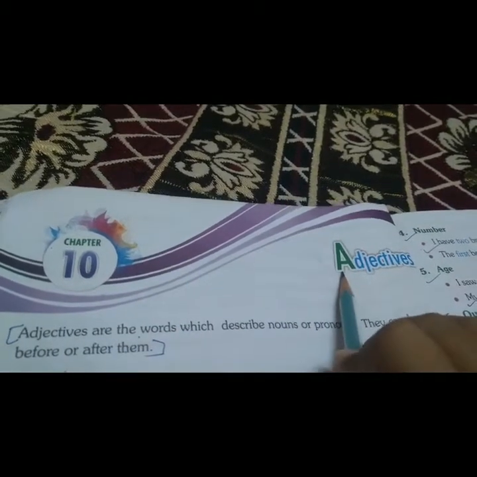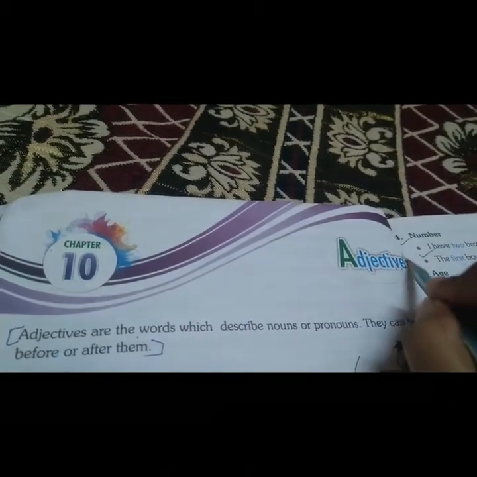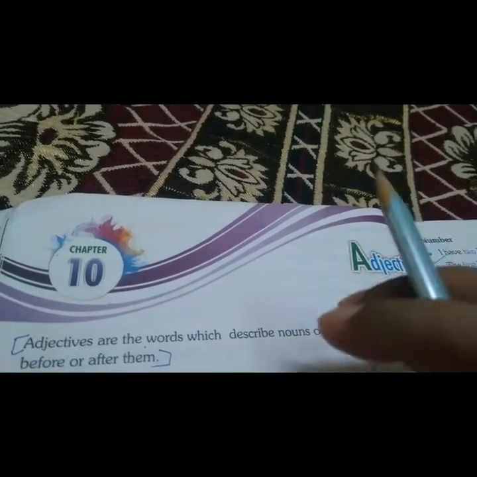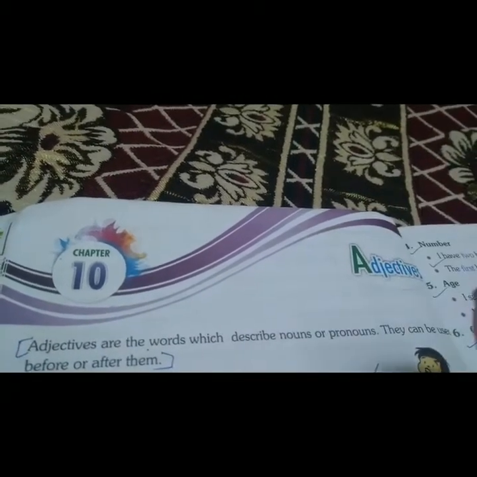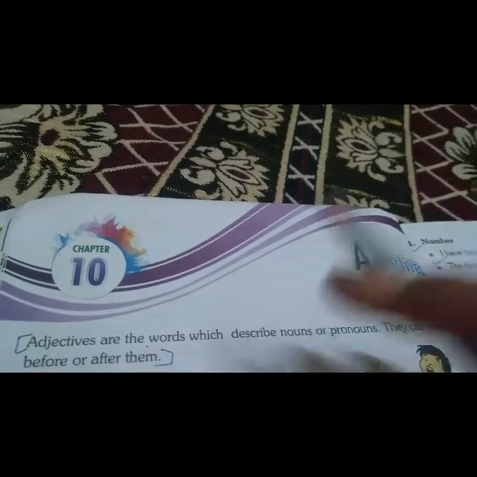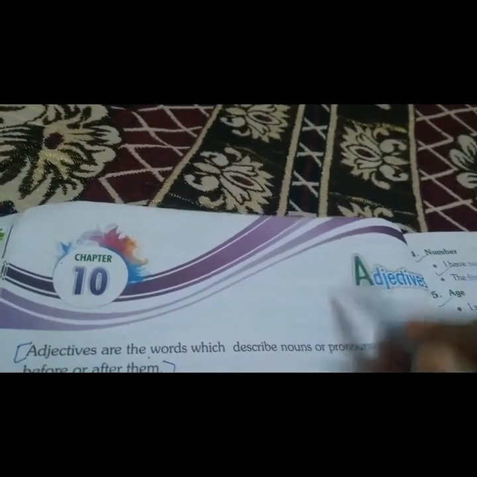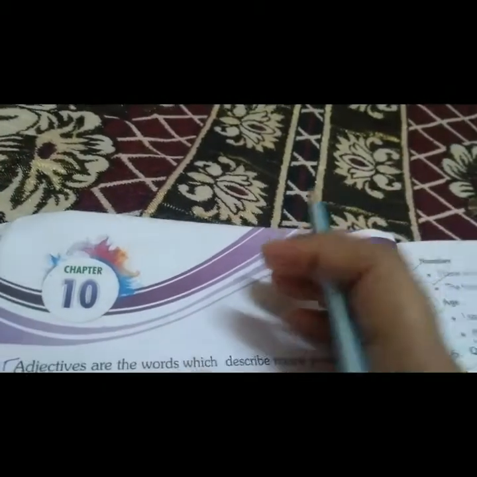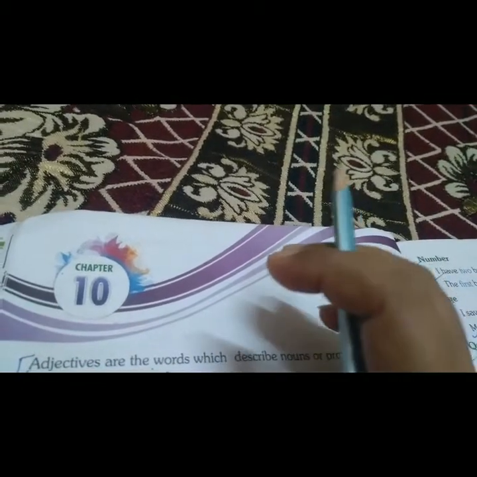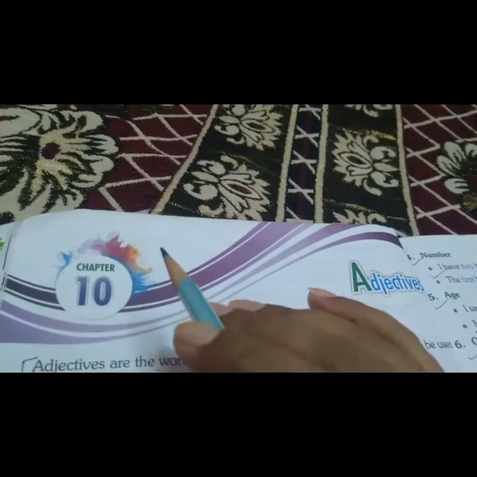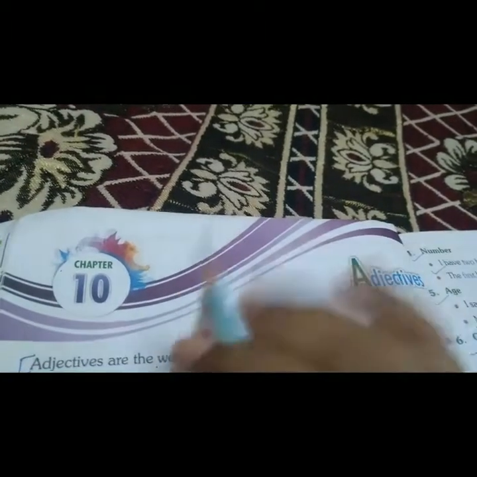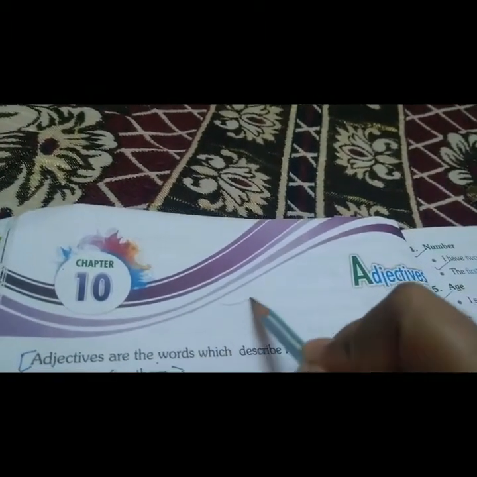Chapter 10, Adjectives. Adjectives are those words which tell us something more about nouns and pronouns. They are added before or after the nouns or pronouns. Adjectives add quality to the noun. That means, let us take an example, I am saying she is a bad person. So what type of person is she?